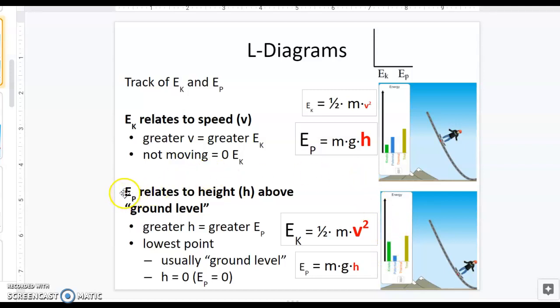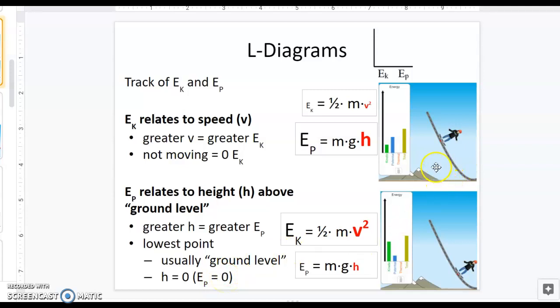When we talk about potential energy, it relates to the height above the ground level. When we say ground level, it's usually the lowest point on a track or on the path that an object is following. So in this case, it is the ground of the skate park. So when they get down here, we say their height is 0. That means that their potential energy is 0 down there.